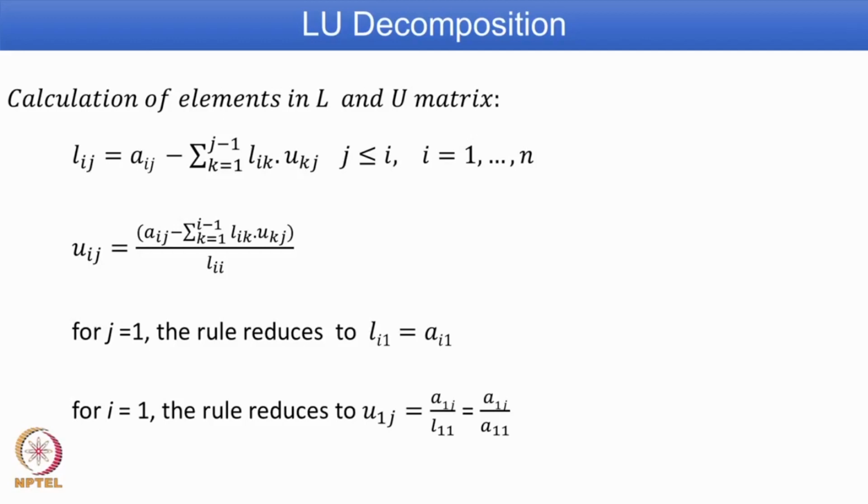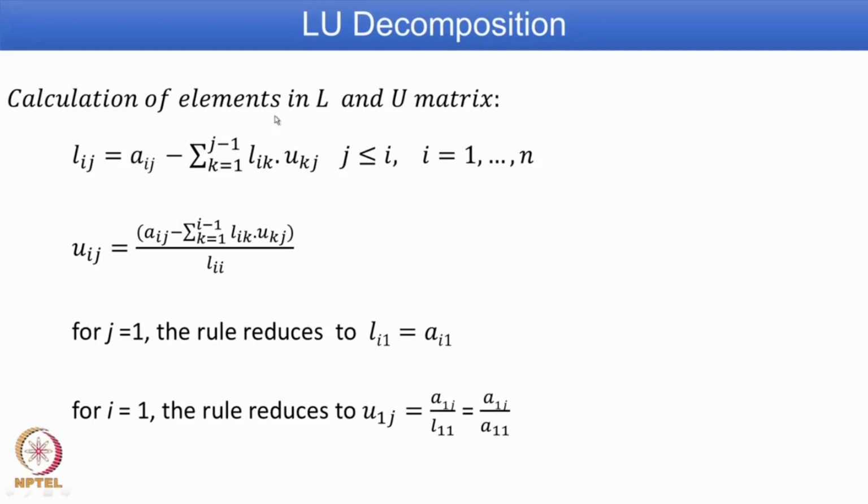Now the question is how to find, or how to decompose, the given coefficient matrix A into L and U. In other words, how to find element values in coefficient matrices L and U. The mathematics is already given; there is a recursive procedure, and what is shown here are the final steps in that recursive procedure.